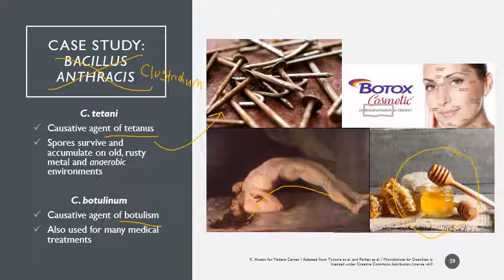So botulinum toxin A is referring specifically to the toxin it produces. So Botox can be used aesthetically. It can also be used to treat a lot of pain conditions as well. So it has a lot of different applications, even though it's associated with something so deadly.